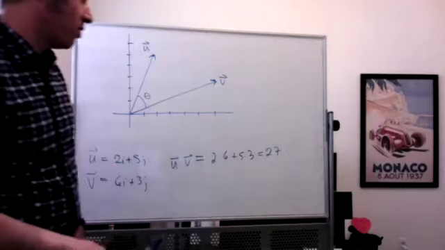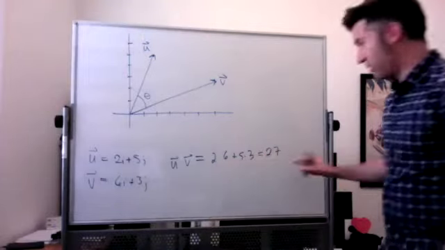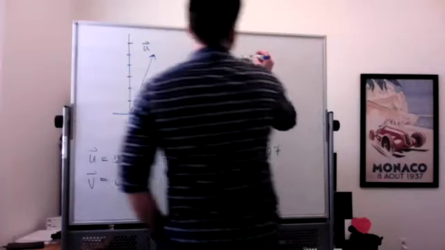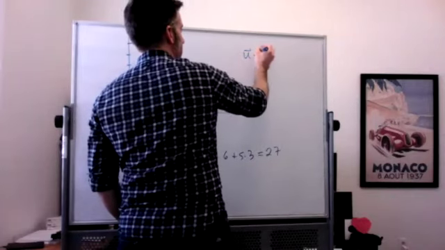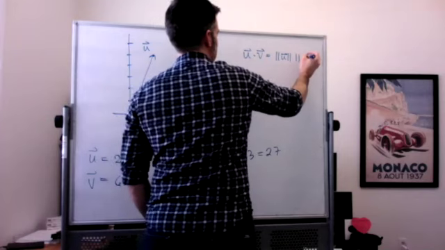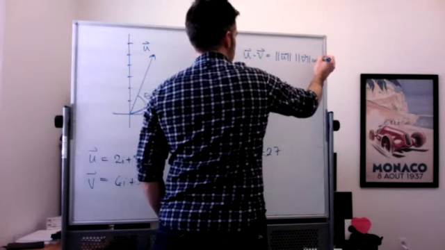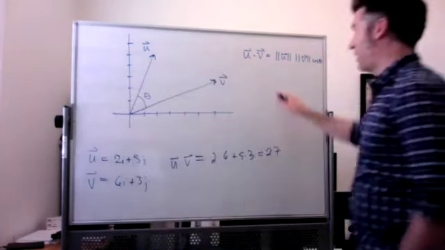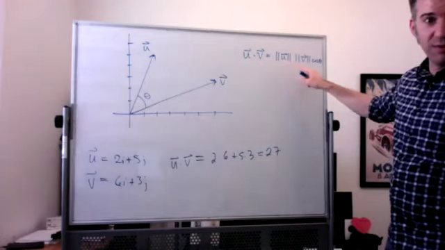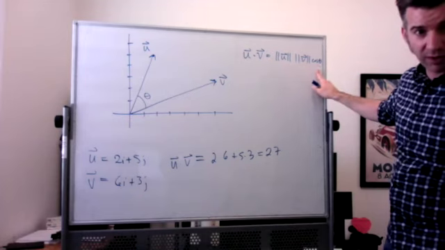But here's what we can do. I know that u dot v is 27, but I also know that u dot v is the magnitude of u times the magnitude of v times cosine of theta. So if I know u dot v is 27, and I know how to find the magnitude of u and the magnitude of v, I can solve for cosine.